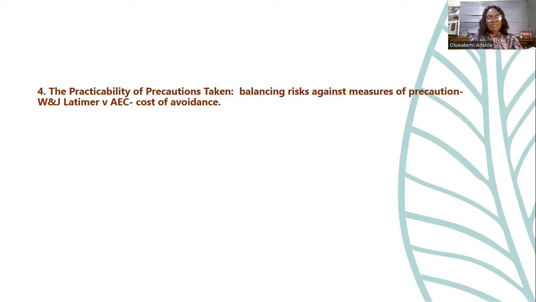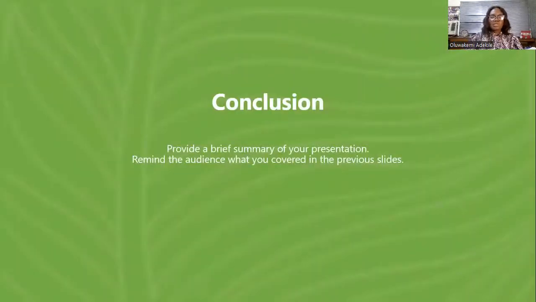The court said that the only thing that could have prevented his injury was to shut down the factory. And when you weigh the cost of shutting down the factory against the risk of injury, the cost of shutting down the factory was much higher. So their behavior as occupiers of that factory was reasonable. So this represents how the law determines the issue of breach of duty of care.